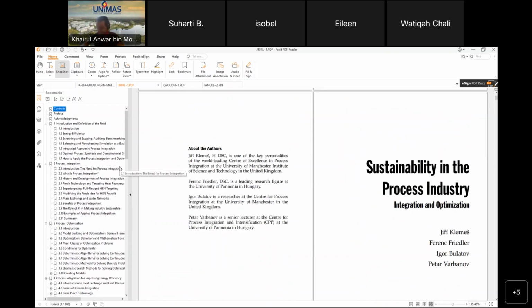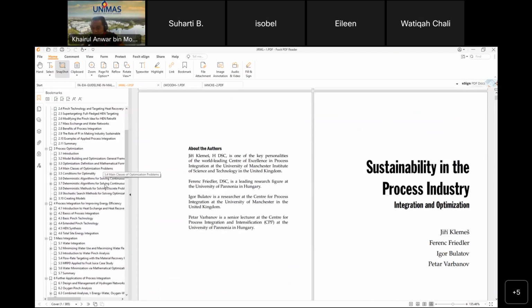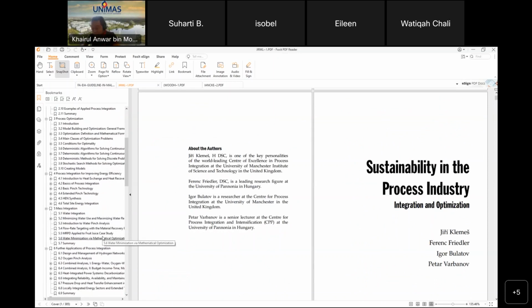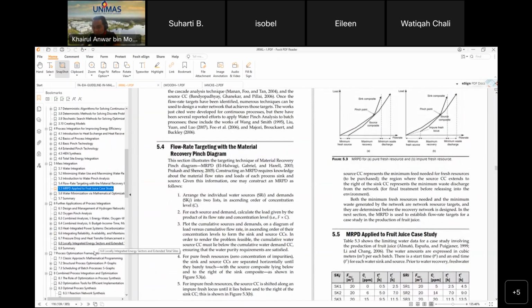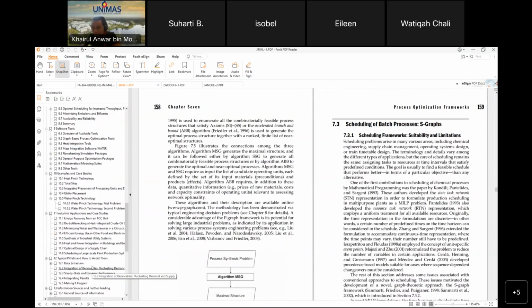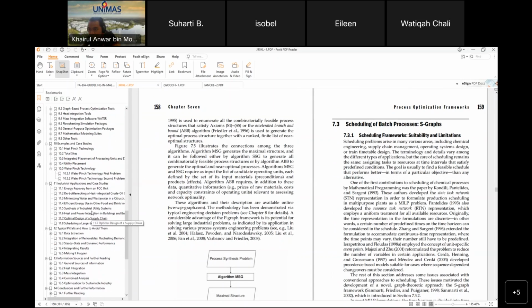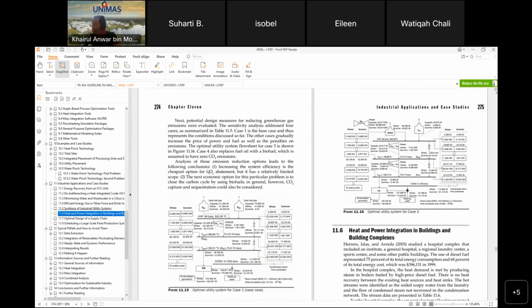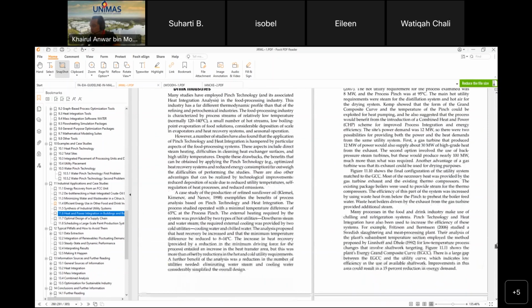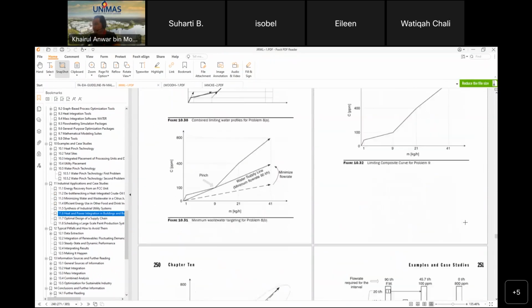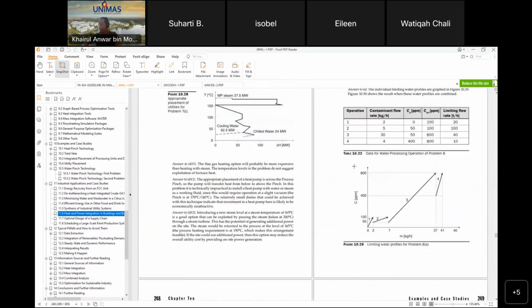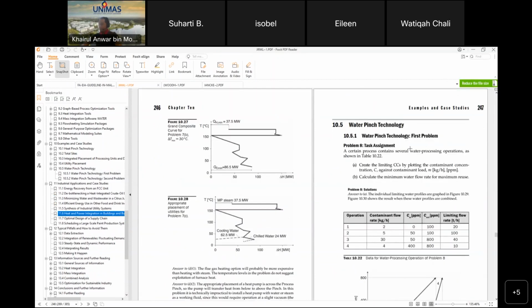I think this is part of the textbook used. 249. Better. Okay. This is the example before.